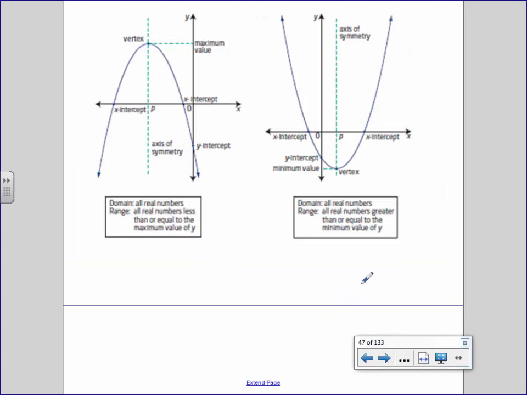Here's some more pictures I have here, just showing us what some various quadratics could look like. Tell me something about this quadratic right here. What's unique about it? It's upside down, right? How do you make it go upside down? Negative leading coefficient. So this is going to be like negative x squared plus 3x minus 4. How do I figure out the minus 4?